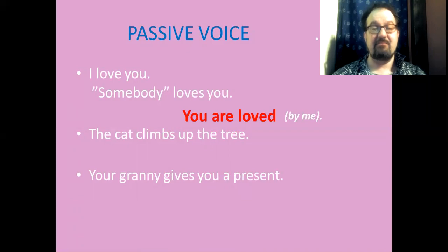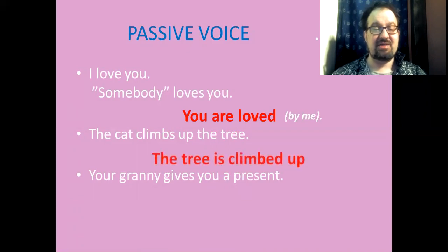You are loved by me. Zebras are eaten. Sometimes that's the fate of the zebras. Sometimes they are eaten. Who eats them might not be very important. Okay? The tree is climbed up. Now somebody is in the tree. It might be a cat. Okay?